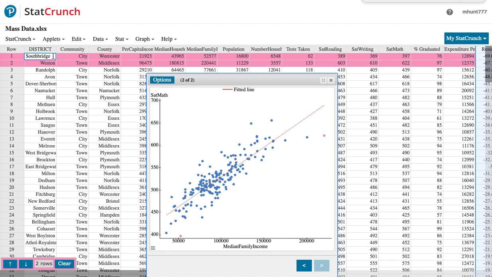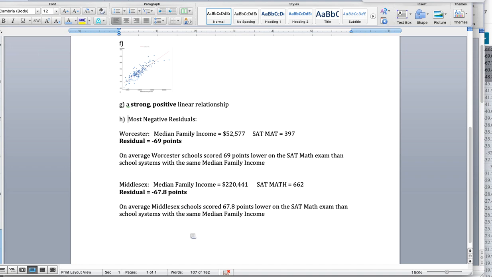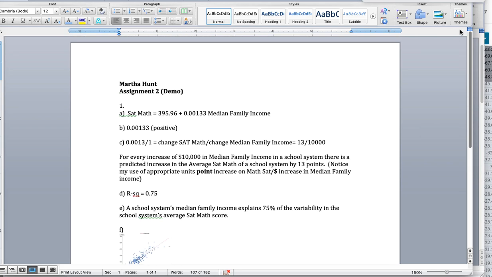They are school districts. Okay? So that's why when I phrase my conclusion, I talk about Middlesex schools and Worcester schools, not the children in Worcester or the students in Worcester. It's about the schools in Worcester. So I hope this helped you.